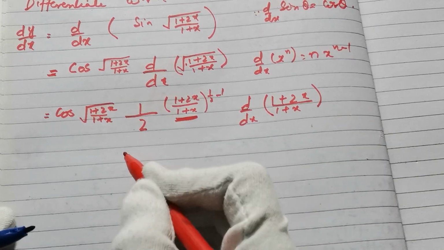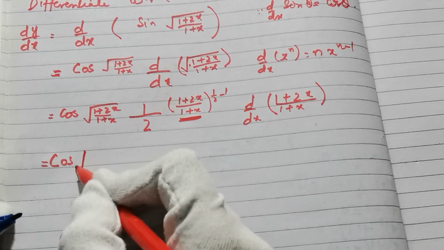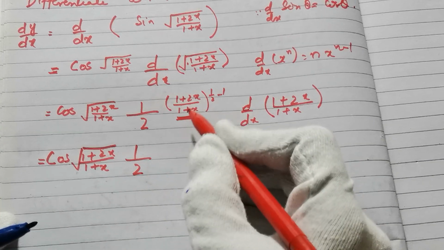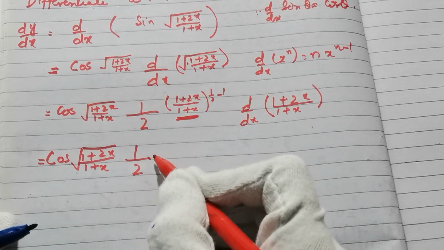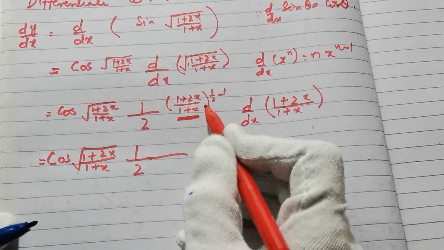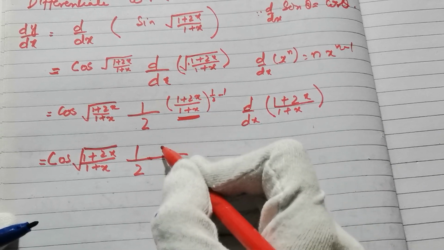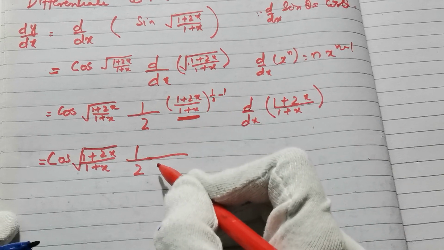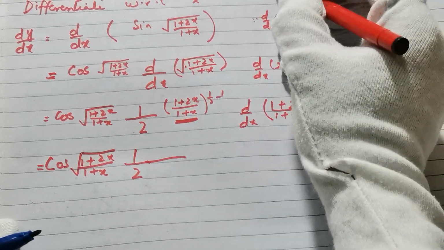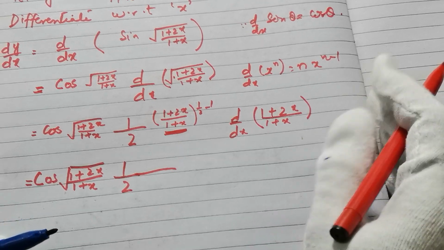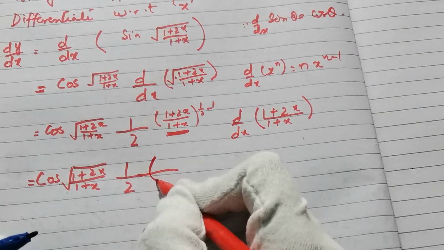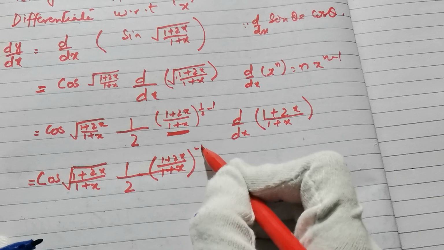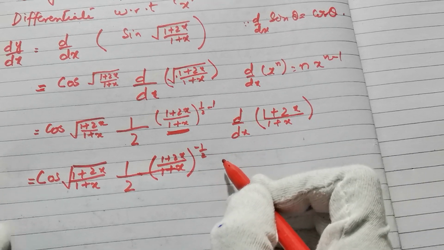So the next step is cos of (1 plus 2x) divided by (1 plus x), times 1 by 2, times (1 plus 2x) divided by (1 plus x) to the power of 1 by 2 minus 1, which becomes minus 1 by 2. Now we'll differentiate this term.